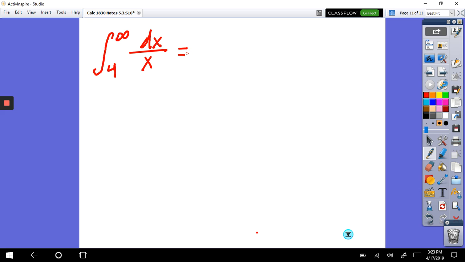Well, first, I'm going to write that. Well, we'll go ahead and do the limit thing too. We'll say, well, that's the limit as b goes to infinity of the integral from 4 to b, and I'm going to write this as 1 over x dx. And you guys will recall from the test that you just took that a 1 over x integrates into a natural log of x.